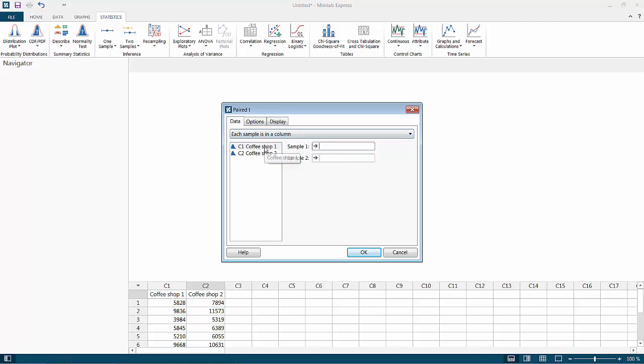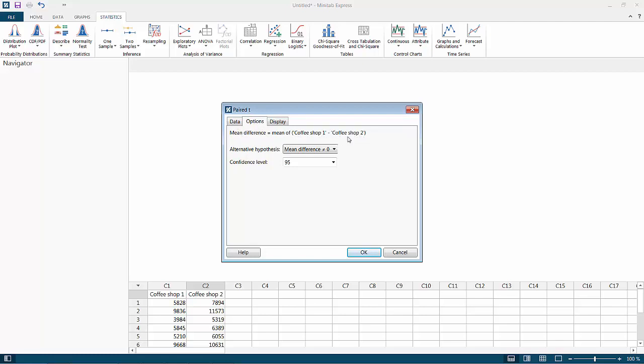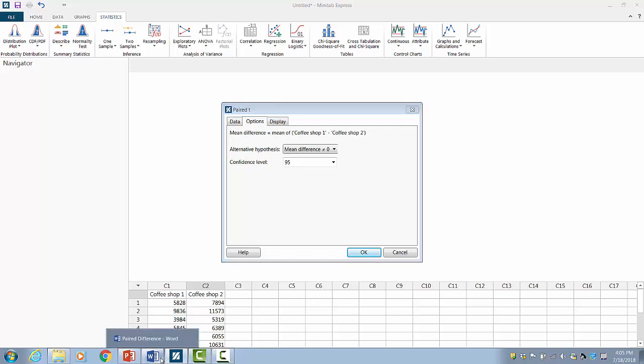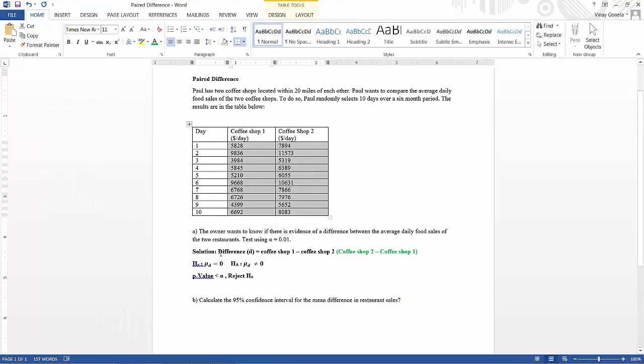For sample 1, I will select coffee shop 1. For sample 2, I will select coffee shop 2. Now if you see, it's doing mean difference as the mean of coffee shop 1 minus coffee shop 2. So that is what we wanted, right? Our difference D here is coffee shop 1 minus coffee shop 2.